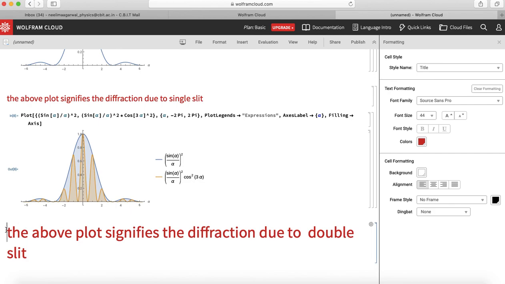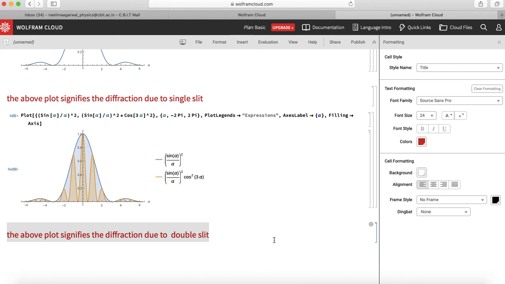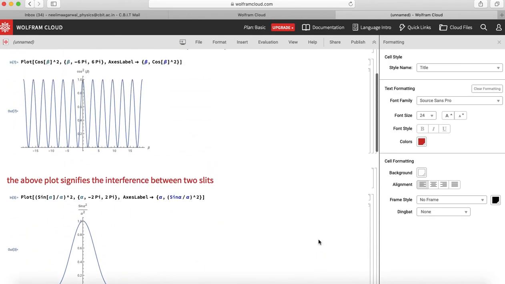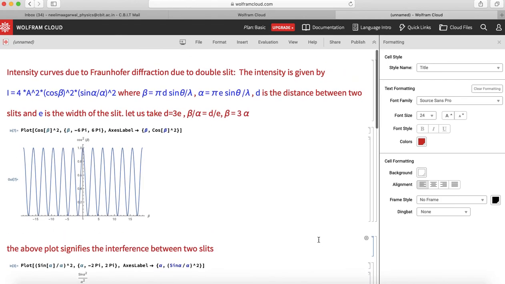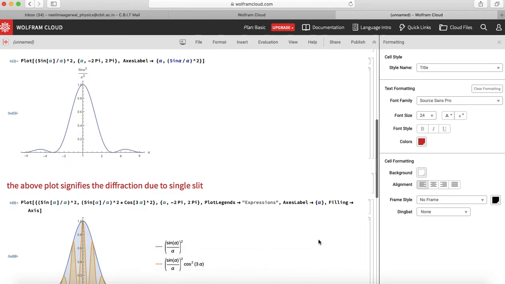Okay, so I can just reduce this. So this is how in Mathematica you can beautifully see the patterns which we were earlier drawing by hand.